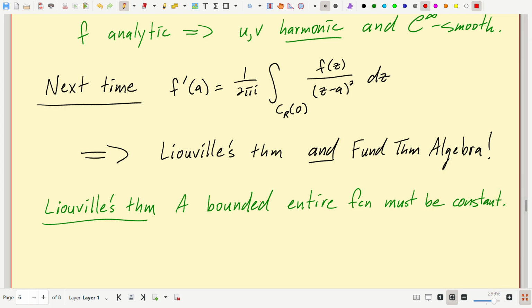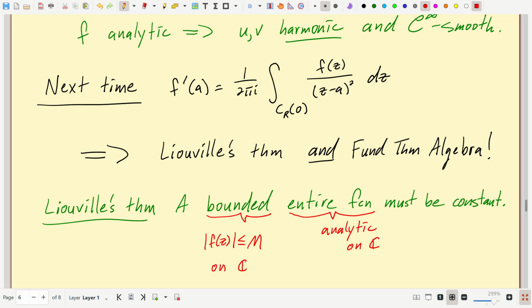Okay, so bounded entire function means analytic on C. And bounded means the function is bounded by something. So it's a very simple thing to state.